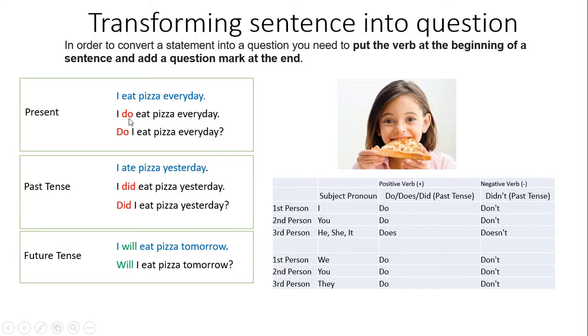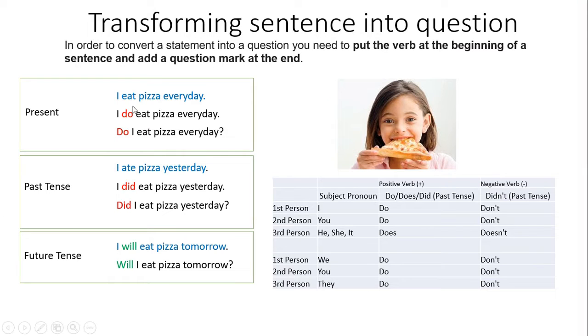So from here to here, you just exchange the position of the two words between the pronoun I and the verb do. So from I do eat pizza every day, it will become do I eat pizza every day with a question mark. So that's how you easily convert or transform a sentence into a question.